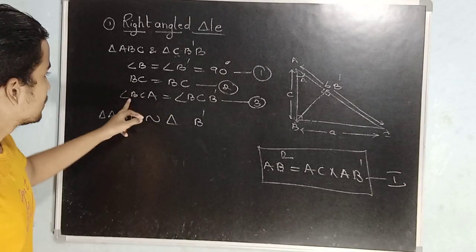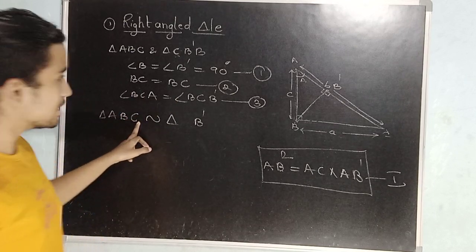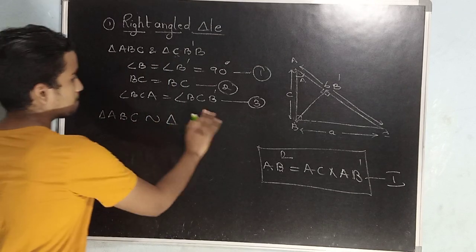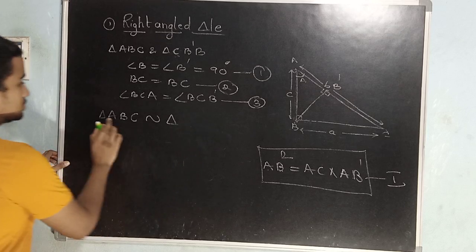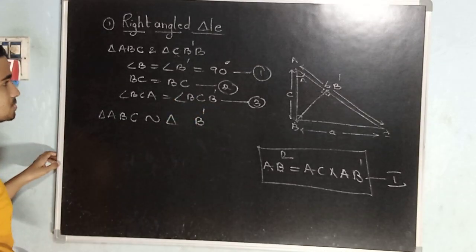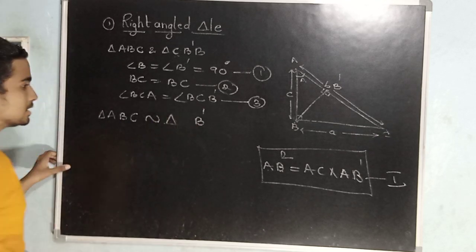BC is the common side, right? Let me take here B dash. Okay, triangle ABC is similar to triangle.